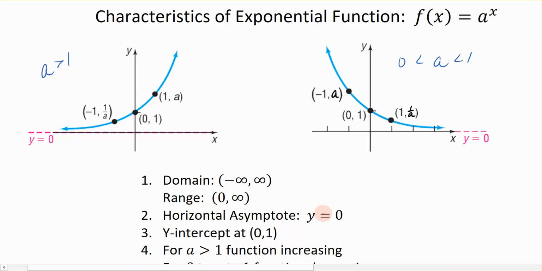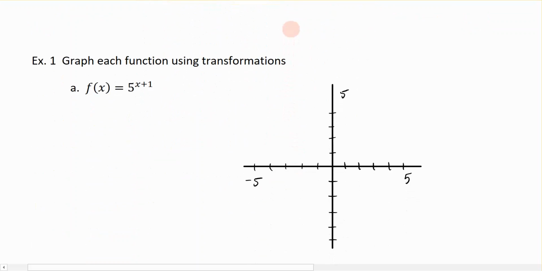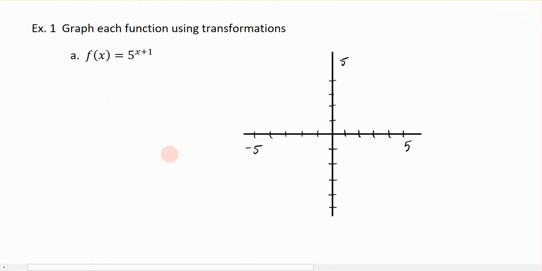Again, we already said that both increasing and decreasing functions have an asymptote at y is equal to 0 with an intercept at (0, 1). So the shape of the function, increasing versus decreasing, comes from the value of a. And the last thing that you want to understand, and it's important for the very next section, is that these functions are indeed one-to-one.